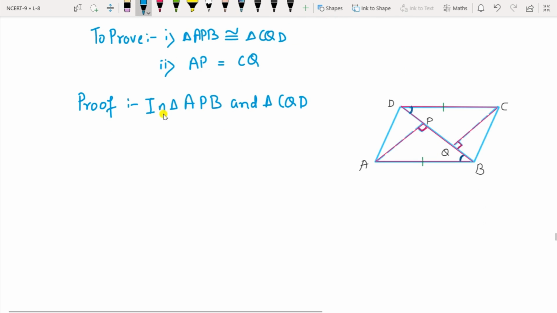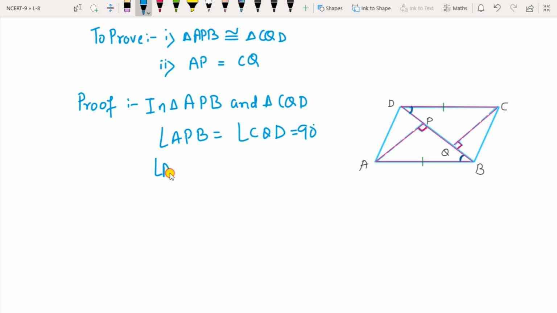So it will be angle APB is equal to angle CQD, that is equal to 90 degree. This is 90 and this is also 90.